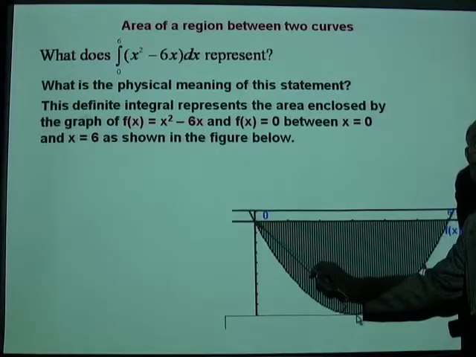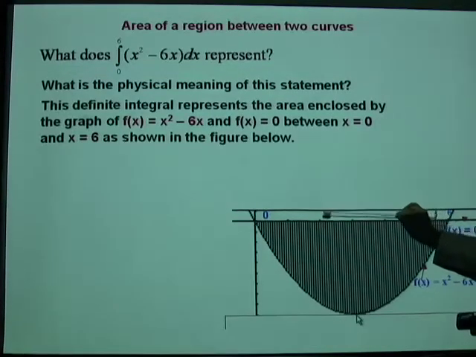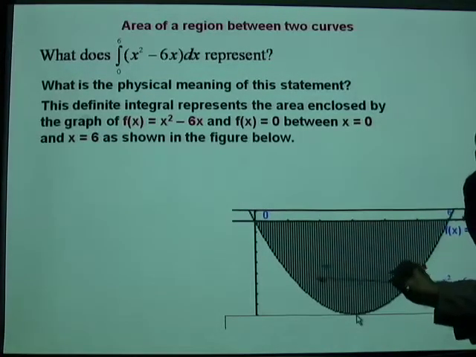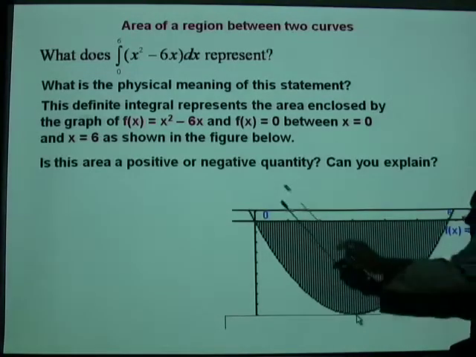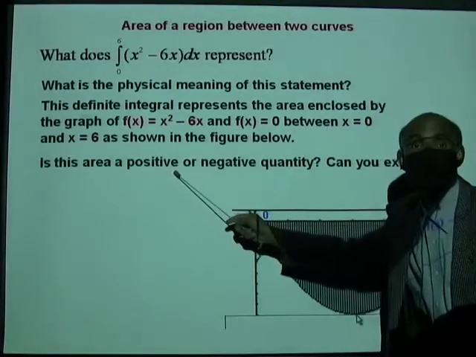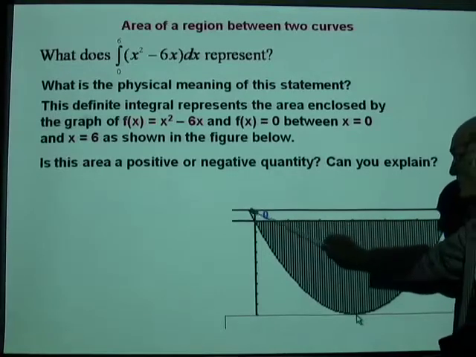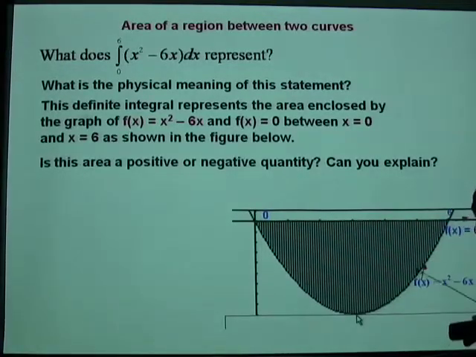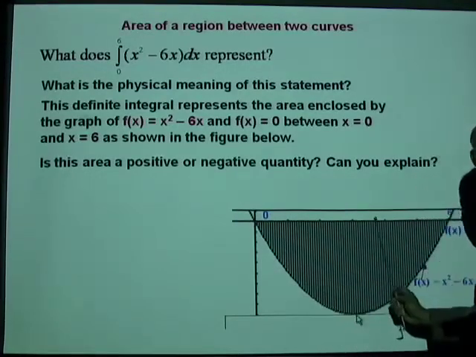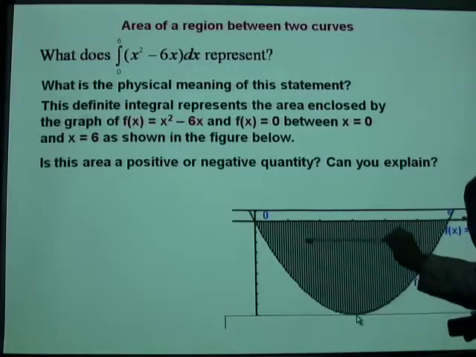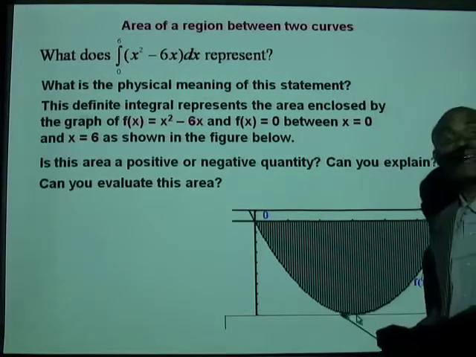And it cuts the x-axis at x equal to 0 and x equal to 6. And all that area is below the x-axis. Is that right? Yes. So, is this area a positive or a negative quantity? All of this area, enclosed by the graph of this function with the x-axis from x equal to 0 to x equal to 6, is below the x-axis. It means that this is a negative quantity.